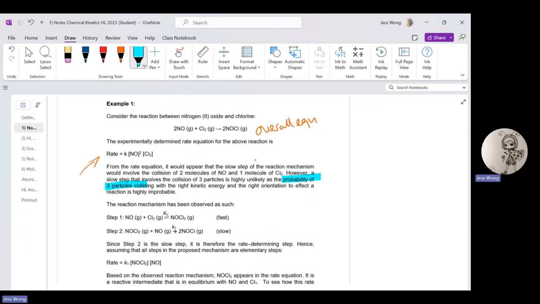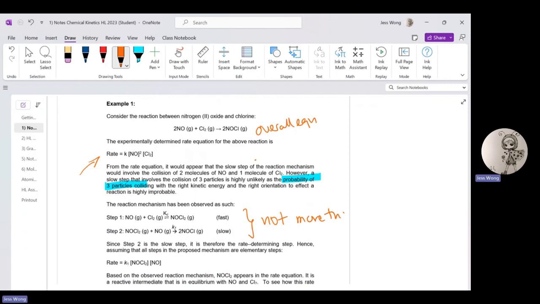Therefore, instead of proposing two NO and one Cl2 colliding, we will propose a series of elementary steps. What is very important is that each step cannot be more than bimolecular.